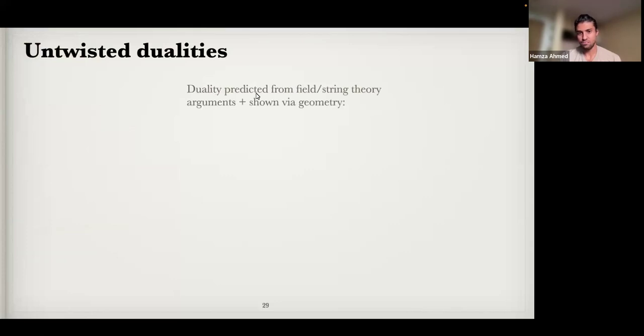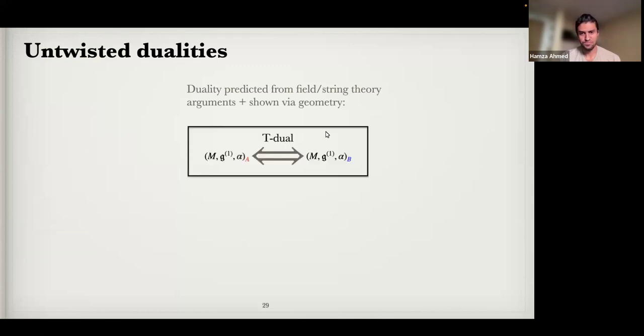This is predicted from both string theory and field theory arguments, and was shown via geometry a while ago by Aspinwall-Morrison, that you have this duality between an A-type theory and this B-type theory. The way I defined these three tuples was keeping this in mind, essentially. That's why it looks the same, with these A and B here. So this is the canonical duality that was predicted from field theory and was shown in geometry a while ago.